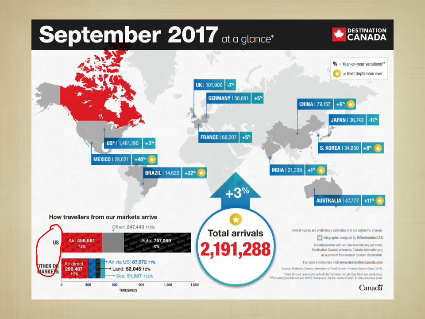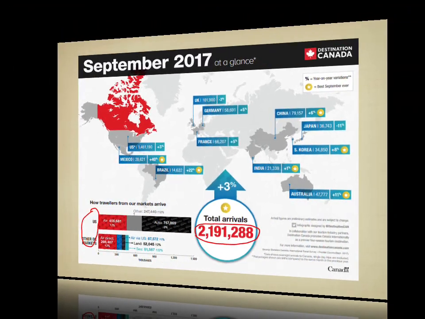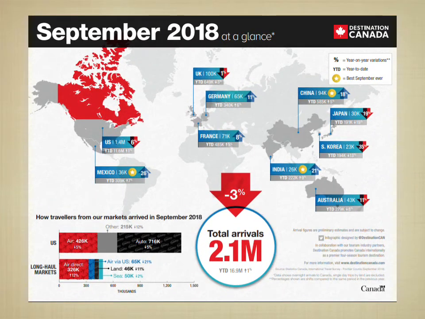One problem with this one, or this and the next one that you'll see, is on this total arrivals, they've gotten very specific, 2,191,288 total arrivals. When they came to this next one, September 2018, they summarized it to 2.1 million.